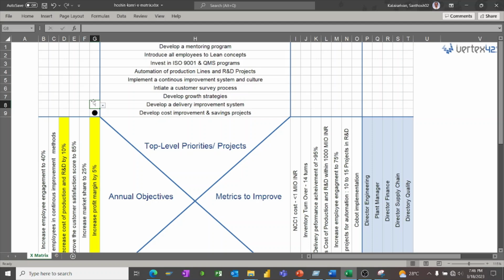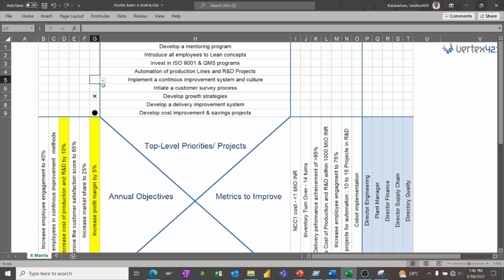Now if something is not related, you need not put any legend for that. Okay, so now develop growth strategies. Even though yes, it can correlate, it is like a tertiary correlation. Okay, so initiate customer survey process is not going to increase the profit margin by 5%.